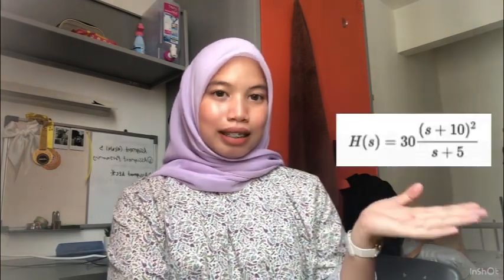Last but not least, quadratic zeros. The numerator of the equation contains quadratic zeros, which must have a power of at least 2. We use this equation to get quadratic zeros. For simple zeros, we use quadratic zeros equal to (s plus 10) to the power of 2.